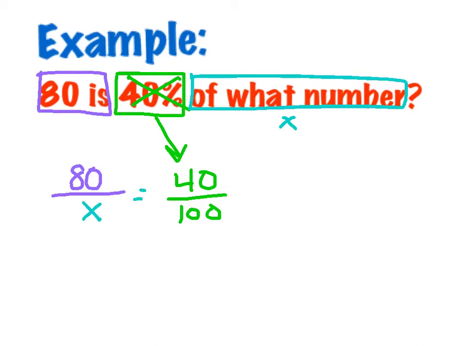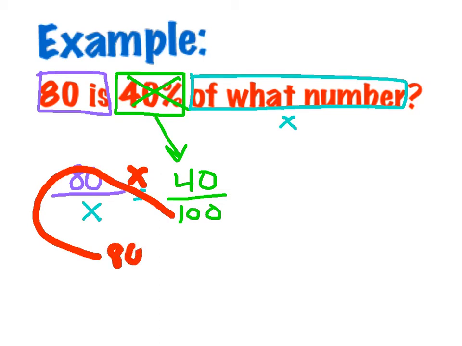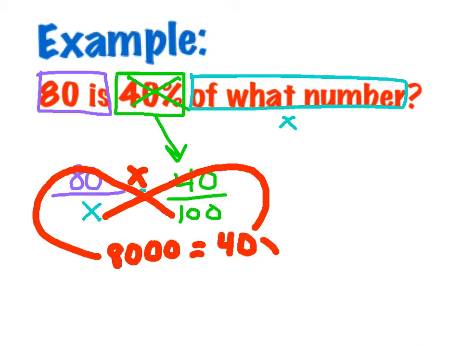Okay, so if I set this up, I'm going to choose to use the cross products, the Hart technique. So 80 times 100 is 8,000. Then I do x times 40, and I get 40x.